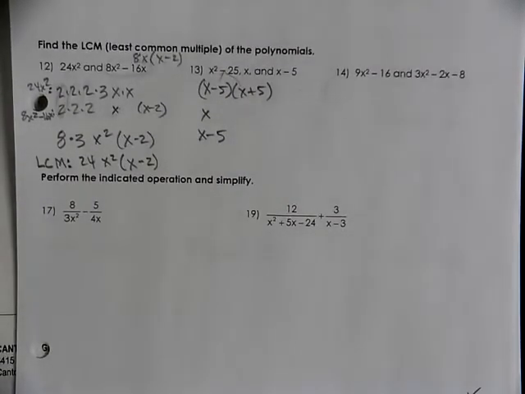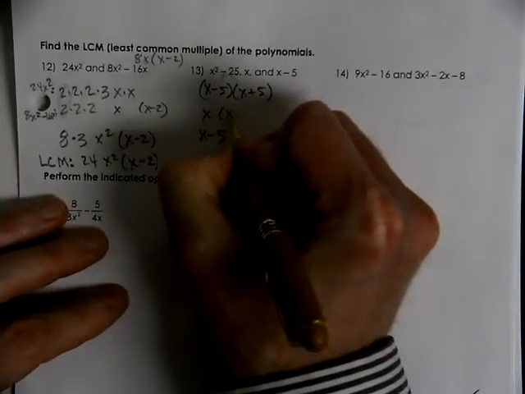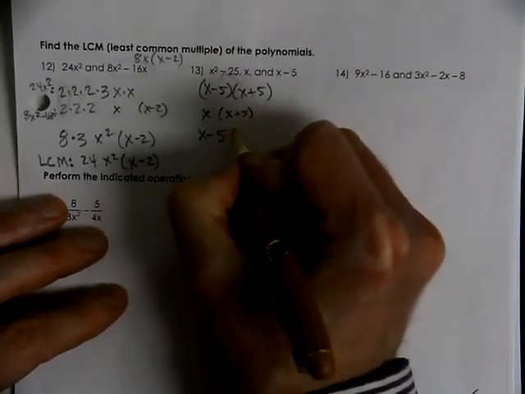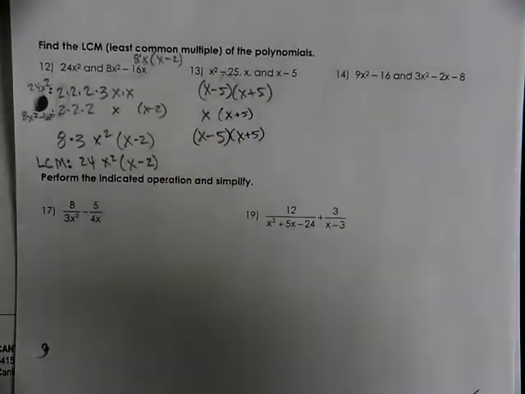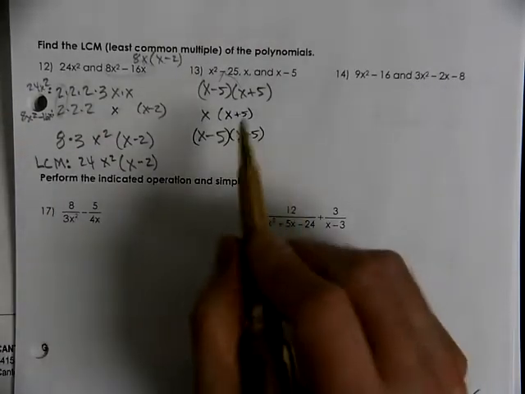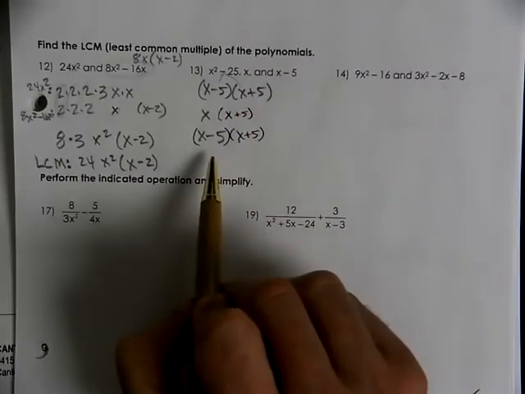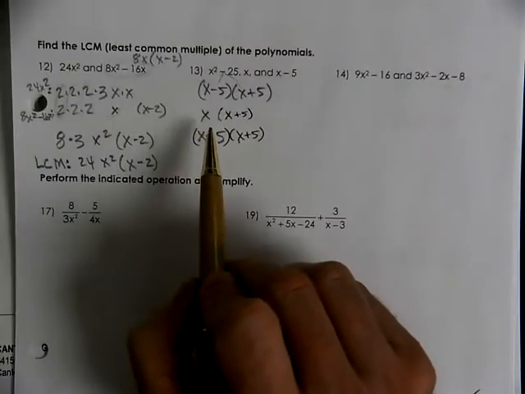So essentially, you could come in here and write x plus 5 and x plus 5. You see how they all now have an x plus 5 in them. Do they all have an x minus 5 in them? No. Do they need to all have the same thing in them? Yep.